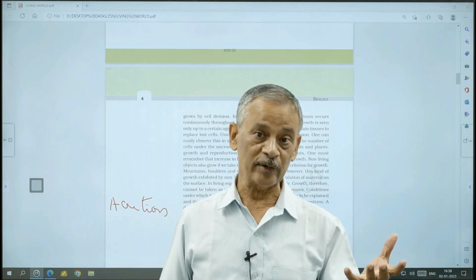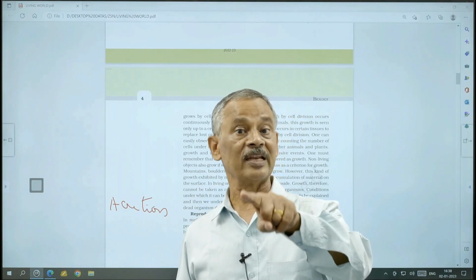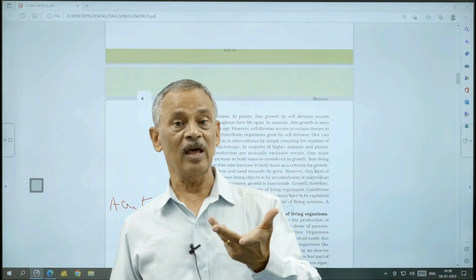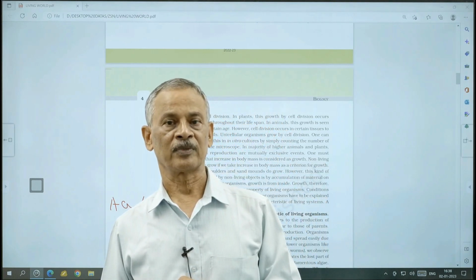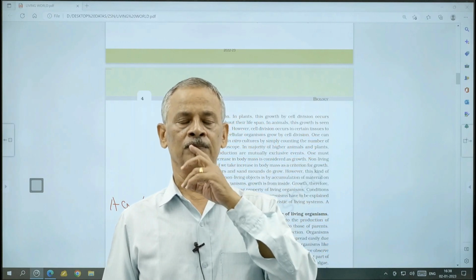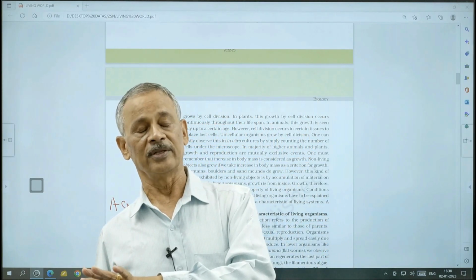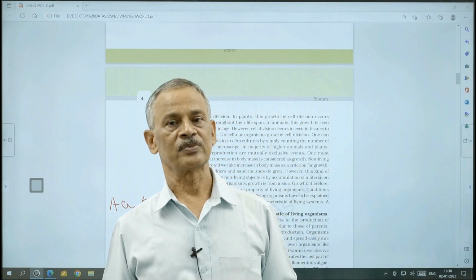In unicellular organisms, growth is reproduction, that is, increase in number. Whereas in multicellular, growth is increase in mass. It is not reproduction. In plants, growth occurs continuously, whereas in animals, growth is only to a certain stage.